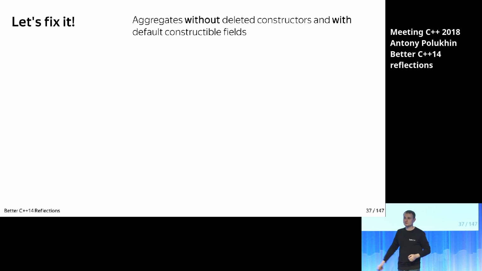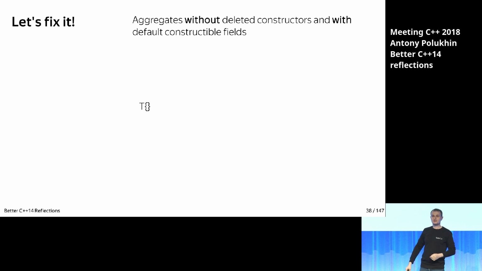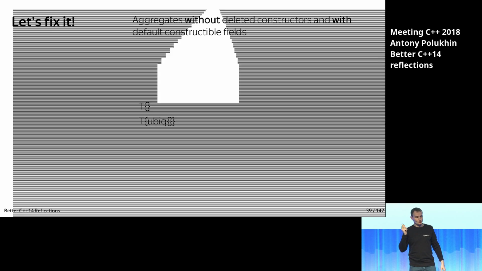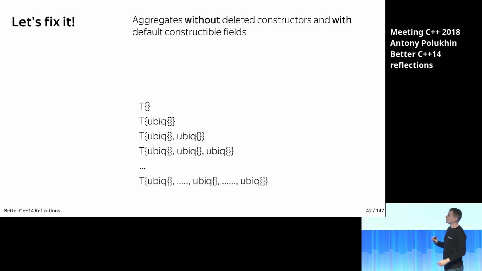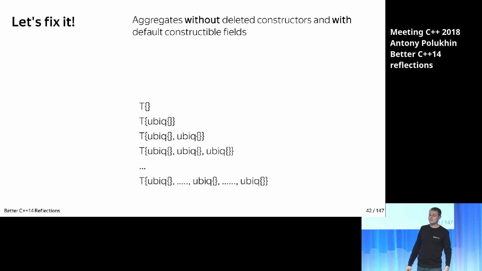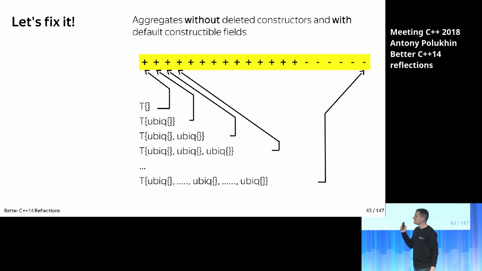For such aggregates, we can write aggregate initialization without any arguments. We can write aggregate initialization with 1 ubic, 2 ubics, 3 ubics, many ubics. Some of those expressions will fail to compile, others will succeed. Now let's put all the failures and successes into an array.